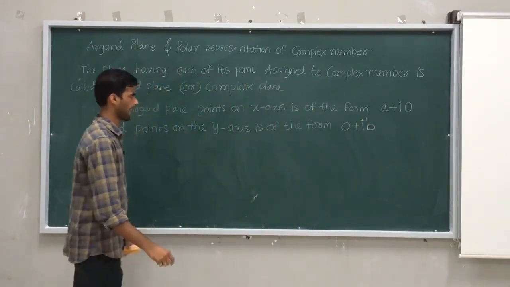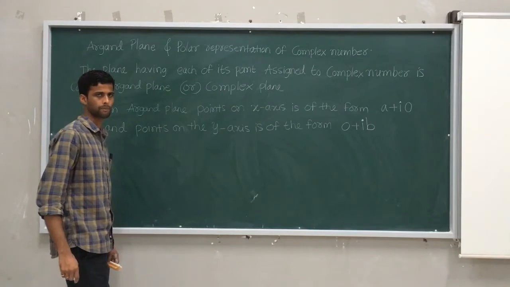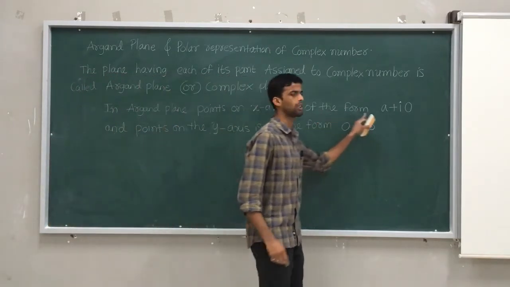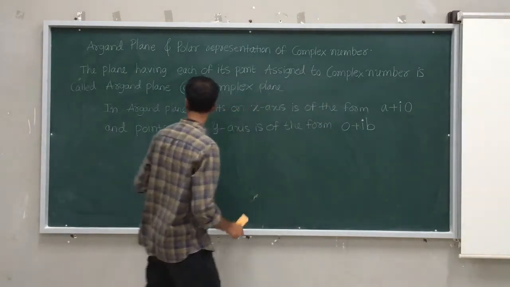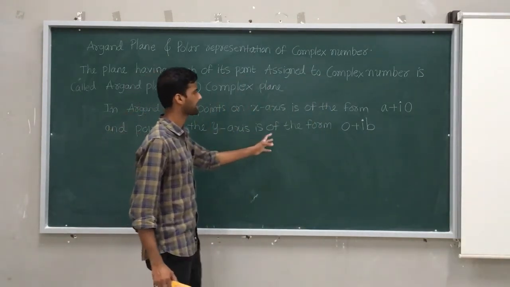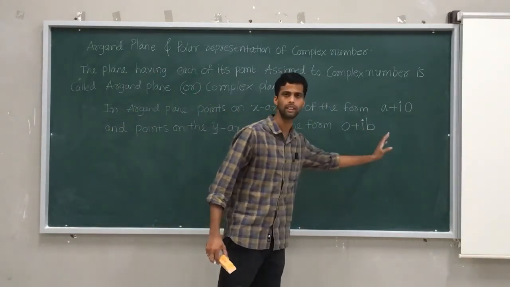So on the x-axis we all know y coordinates are absent, therefore points on the x-axis are of the form a plus i0, and points on the y-axis are of the form 0 plus ib.